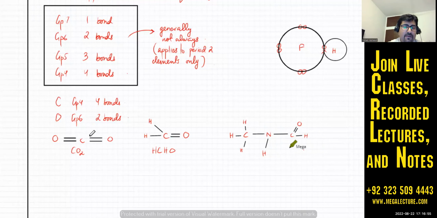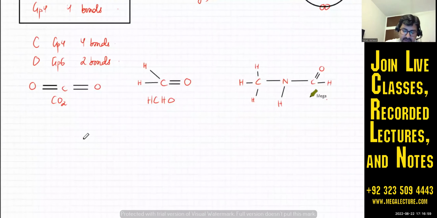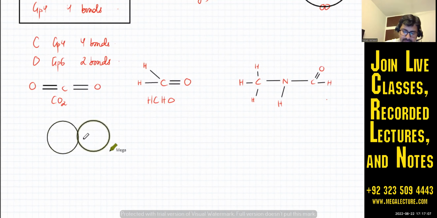So, for example, if I want to draw the dot and cross diagram of this molecule, then it's going to be simple. I have a carbon and I've got 2 oxygens on either end. So there's a carbon in the middle, and I've got 1 oxygen, and another oxygen on the other side. This is carbon, this is oxygen, and it's making double bonds on either side.